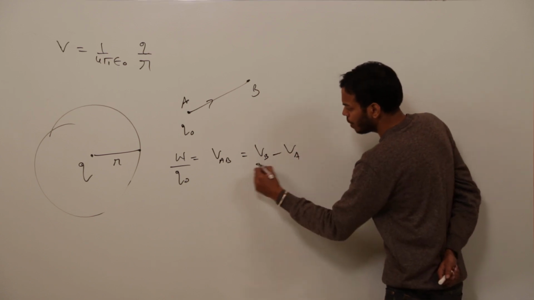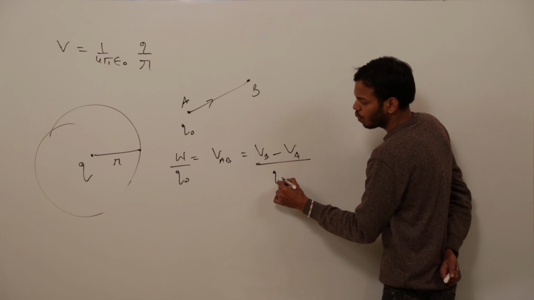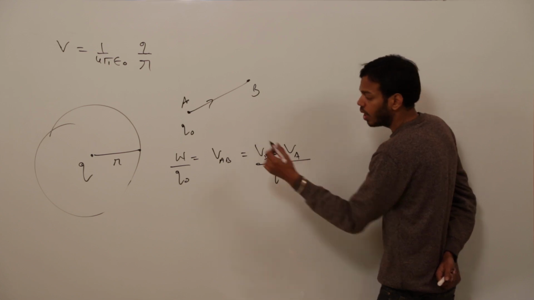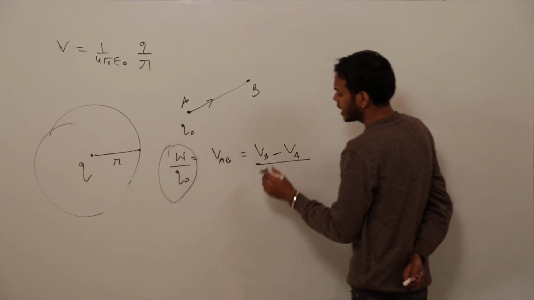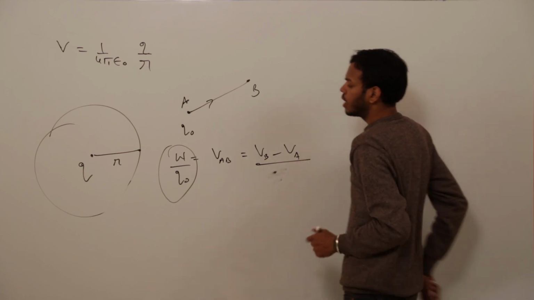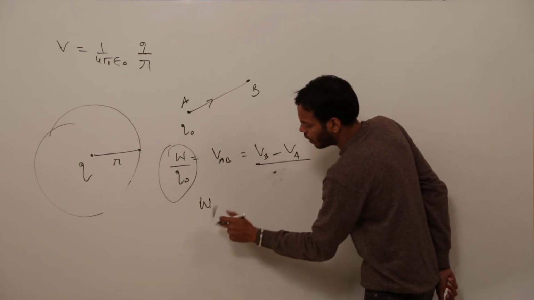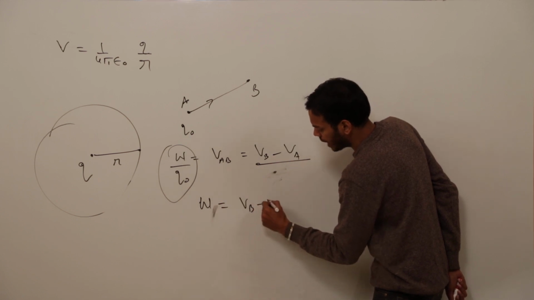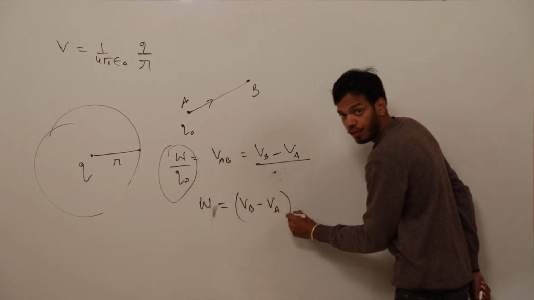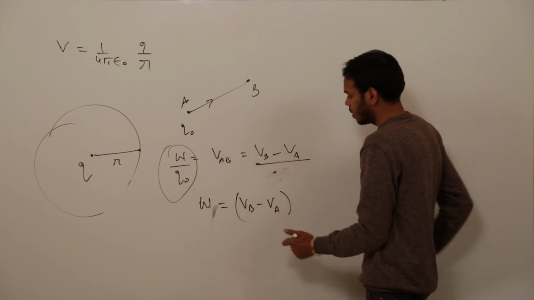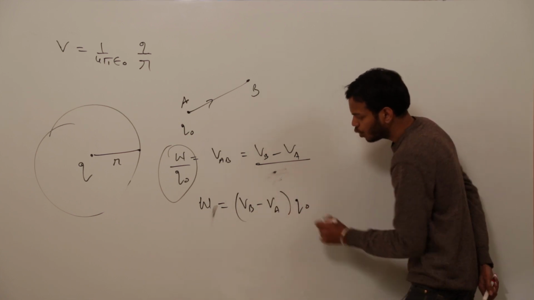So this comes out to be VB minus VA upon q naught. No, this is work done per unit charge. So the formula is work done is q naught times VB minus VA, the potential difference. This is how we introduce this term, potential difference, into unit charge.